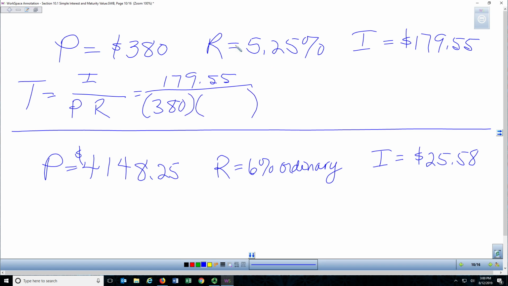And I always need to take the decimal form of my rate. So I'm going to choose my fraction bar, 179.55 over 380 times 0.0525. And I get a 9. And remember, time is in years, so this is 9 years.